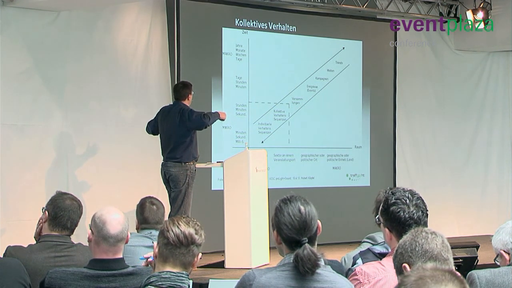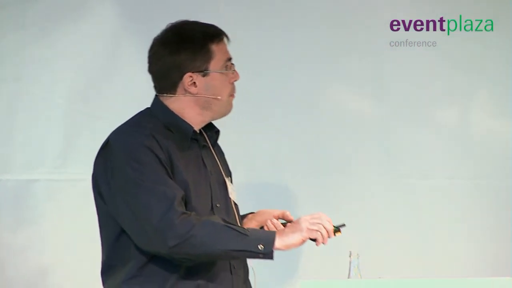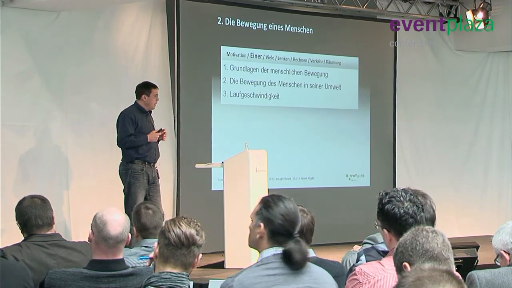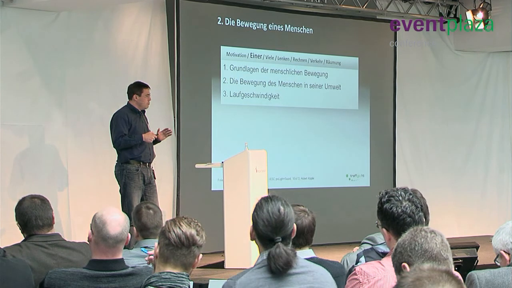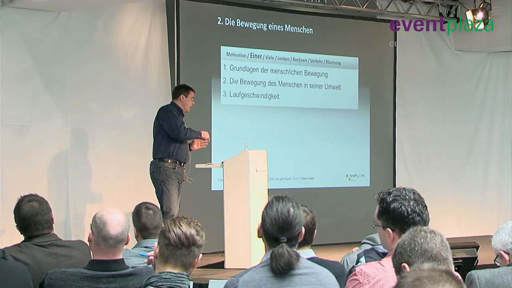But if we break this down to this small scale, individual behavior and collective behavior sequences, this deals with how people behave in the audience. For instance, everybody's still here. A predictor for whether people will stay here is whether the presentation will be interesting, etc. So you really have to be able to predict human behavior.